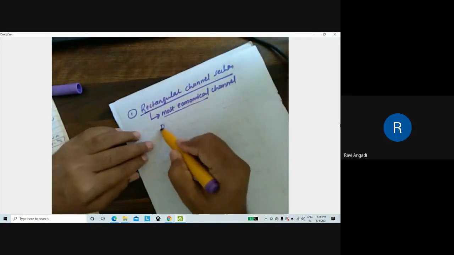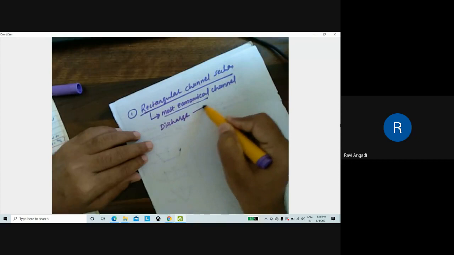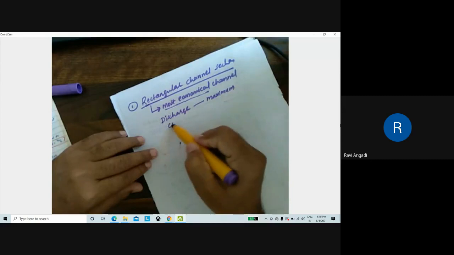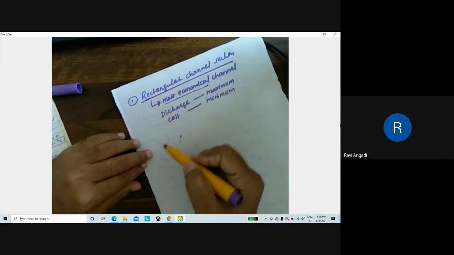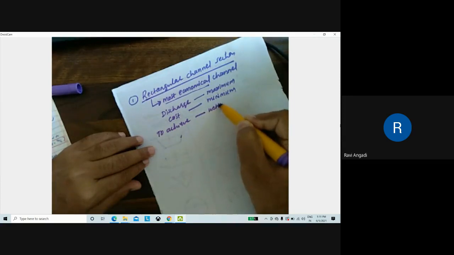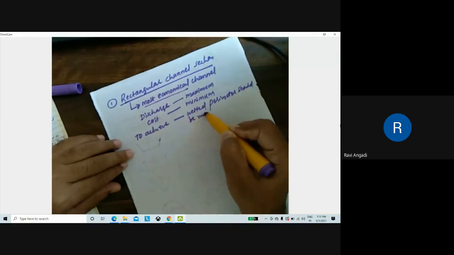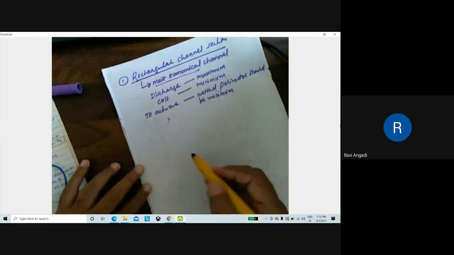Discharge should be maximum, and wetted perimeter should be minimum, so cost should be minimum. To achieve this, the wetted perimeter should be minimum. So with this, we'll derive the equations.